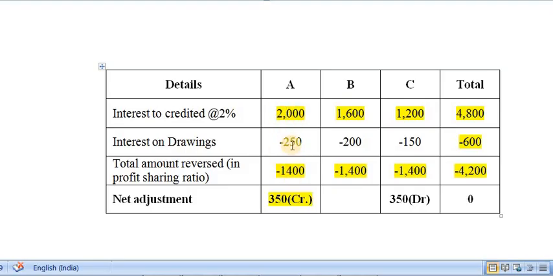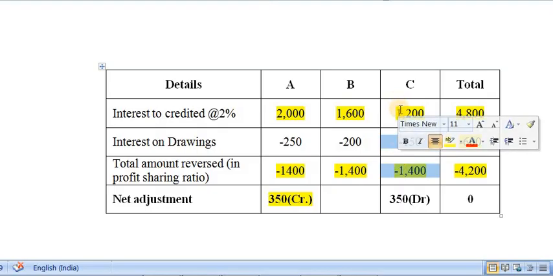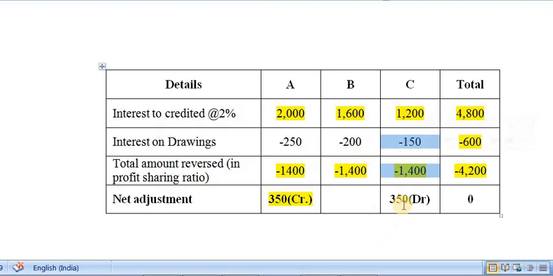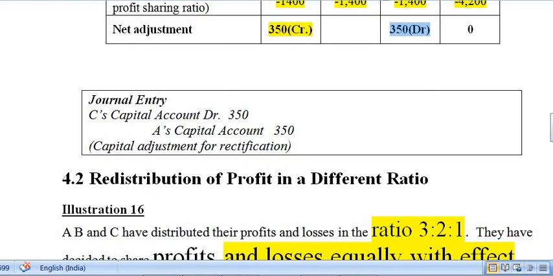Credit 2,000, debit 250 plus 1,400, net credit 350. B, debit and credit same. C, debit is 1,550 and credit is 1,200. Net is 350. That's all. Simple journal entry. C's capital account debtor to A's capital account.